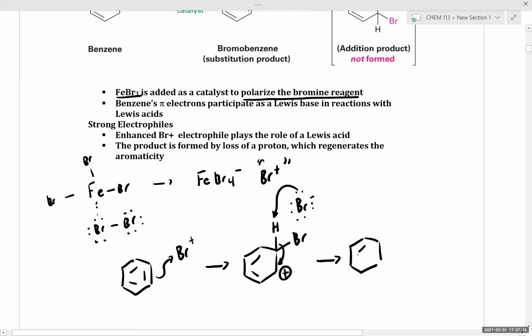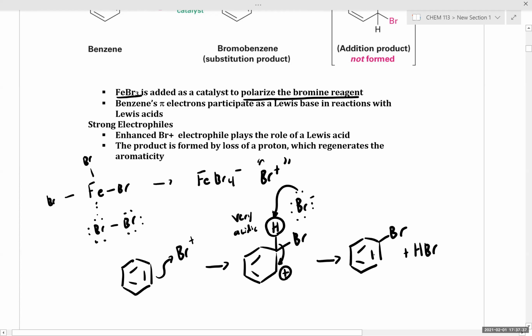That in turn gives us our substituted product and an equivalent of HBr. So I'd just like you to note that this proton is very acidic, as elimination of this proton would generate a very, very stable aromatic system.